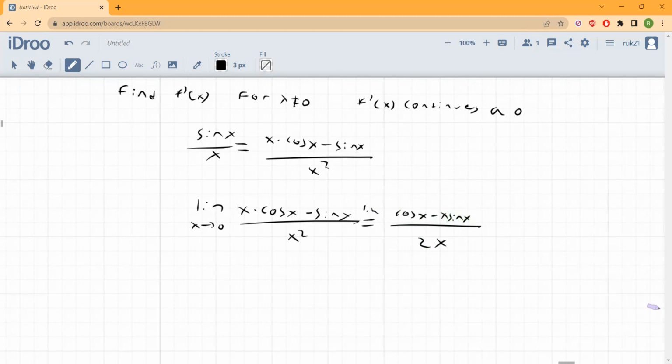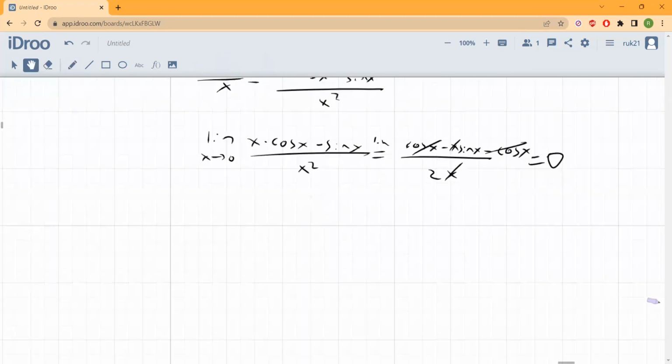And then the derivative of sine x is cosine x, which would be negative cosine x. So cosine x and negative cosine x cancel out, and we're going to be left with negative sine x over 2. And we know that that is just going to be 0. And so it is continuous, because the limit approaching 0 is equal to what the function equals at 0. And therefore it's continuous.